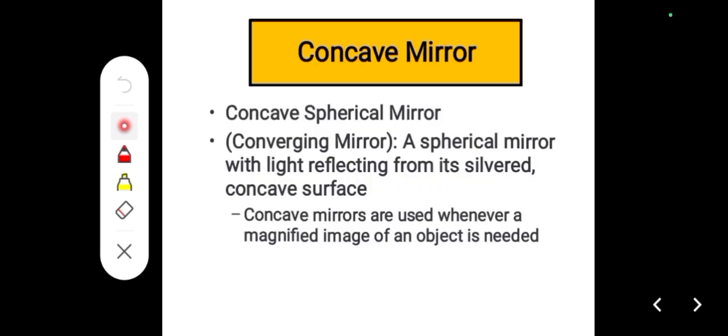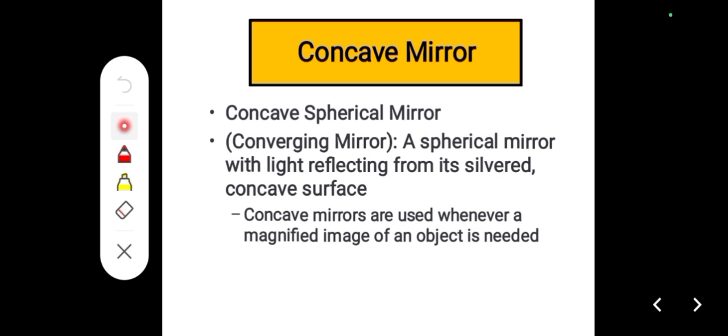Now, talking about mirrors, there are two types of curved mirrors. One is the concave mirror. Second is the convex mirror. Earlier, in the previous meeting, we talked about the plane mirror. So your plane mirror is different from these types of curved mirrors.